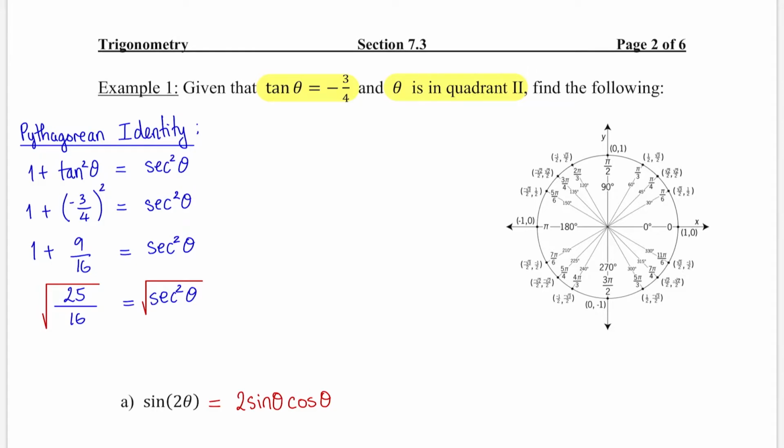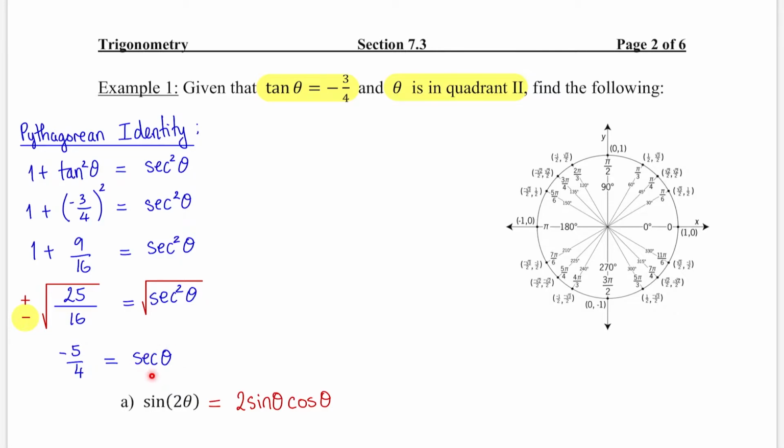And once I take the square root, there's always plus or minus. Now, theta is in the second quadrant. So first, second, third, fourth. Second quadrant is here. So in the second quadrant, cosine and secant are negative. So in this case, I'm choosing the negative. So secant theta is negative 5/4.